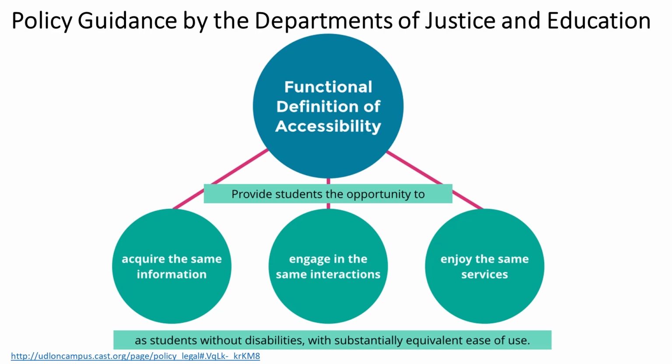I wanted to mention a policy guidance by the Departments of Justice and Education. This came about in 2010 in response to a complaint filed by the National Federation of the Blind and the Department of Justice in regards to a program that Amazon was implementing with several colleges, giving them a Kindle DX e-reader.